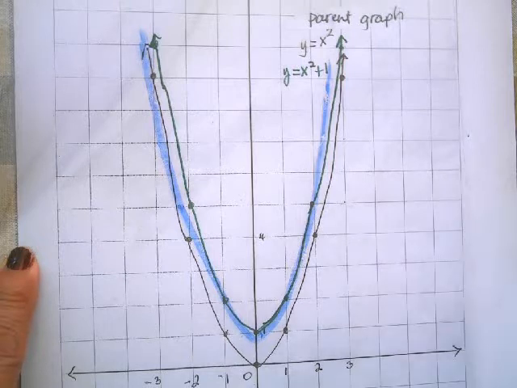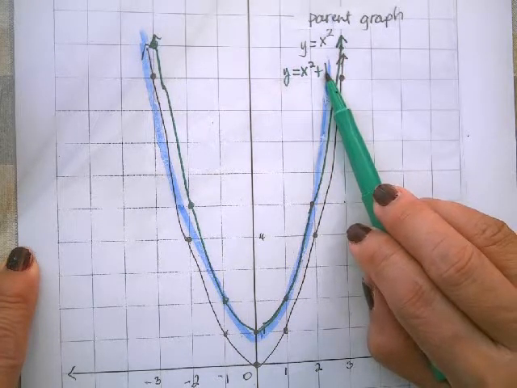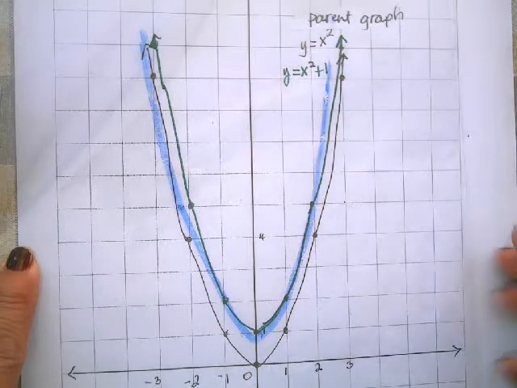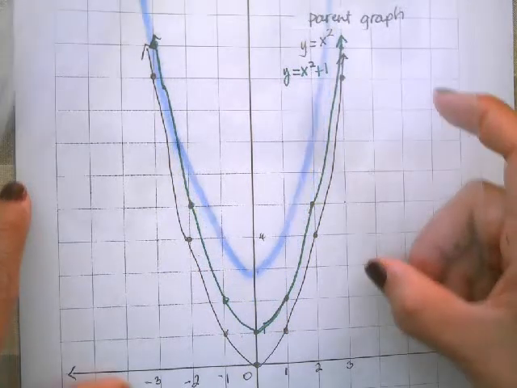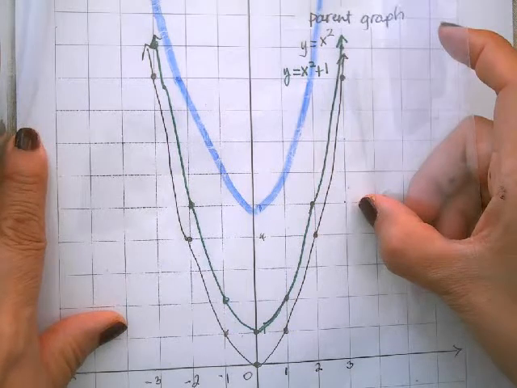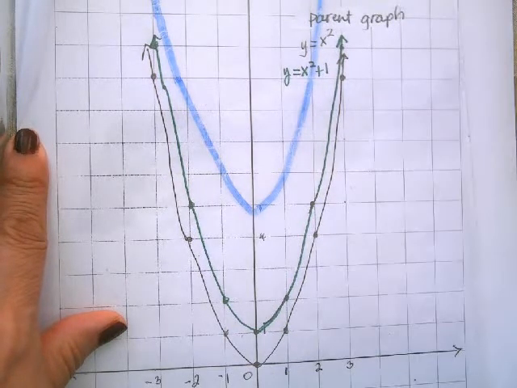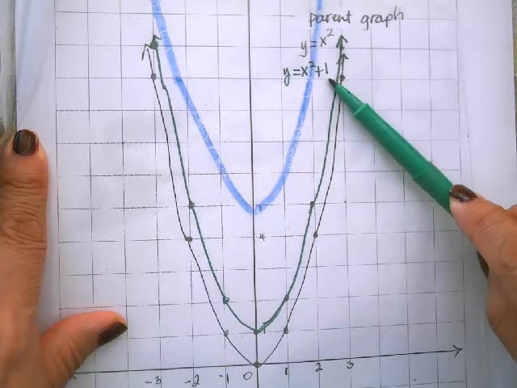Can you guess what will happen if I put x squared plus 5 here? You're right, it will move 5 units: 1, 2, 3, 4, 5. We don't even have to do a table for that. We know the tendency: if we keep adding a number there, it will just go up.